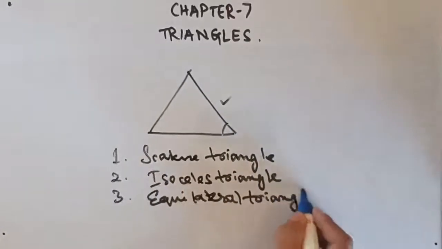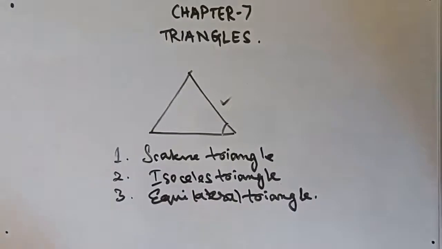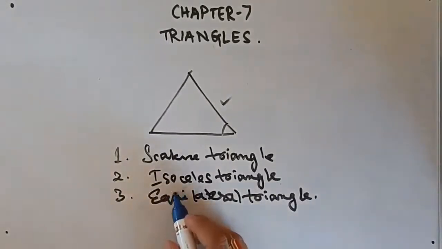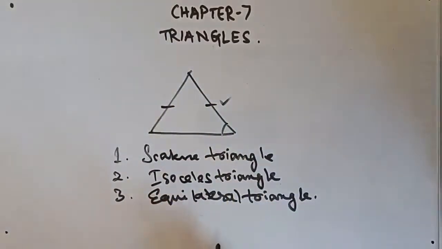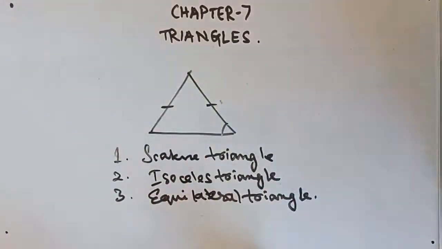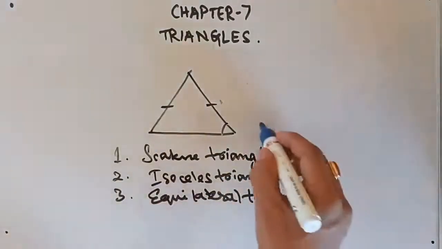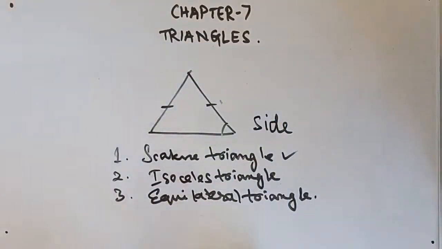A triangle having all sides equal in length is called an equilateral triangle, and a triangle in which 2 sides are equal is called an isosceles triangle, and a triangle in which all the sides have different lengths is called a scalene triangle. These are the types of triangles classified based on the length of their sides.